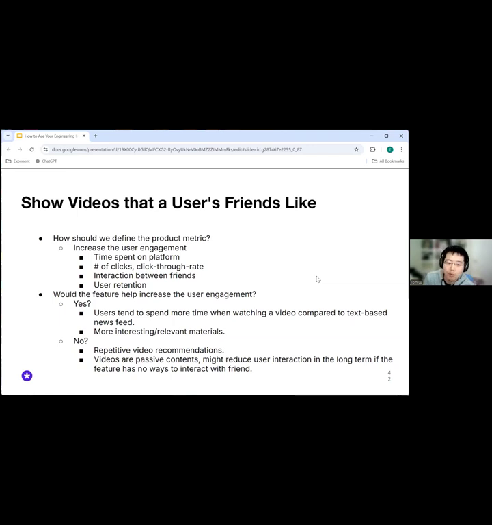So in the long term, we might decrease the user retention time, right? So define the product metric, and then think about both sides of the coin to debate whether this is a good feature to launch or not.